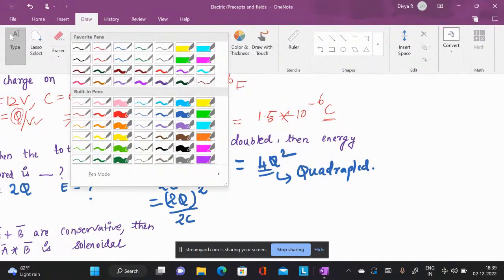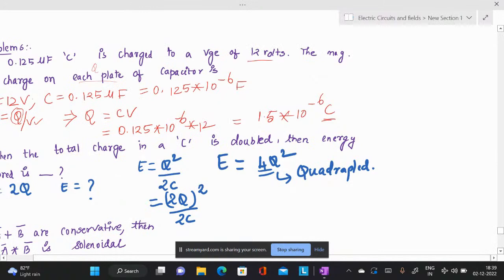Okay? In other words, in general, how do we denote E? What is the formula for E? E equal to half cv square. So what is the value of q? q equal to cv, where v can be written as q by c.